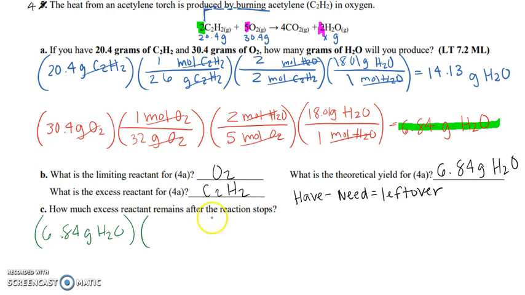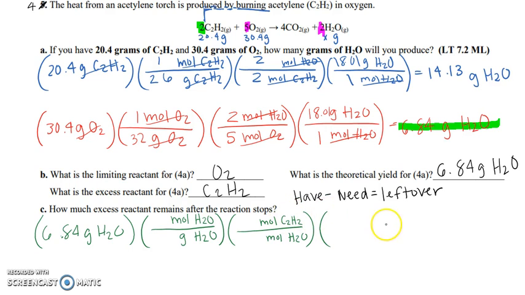So we set up our brackets. First things first, units need to cancel out. Grams of H2O, moles of H2O, moles of H2O. I'm turning it into now moles of my excess reactant, which is C2H2. And for moles of C2H2, I get grams of C2H2.